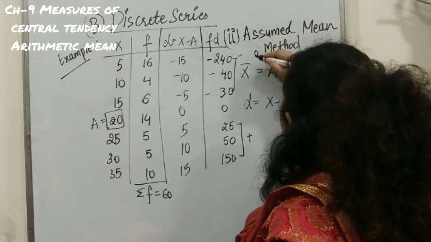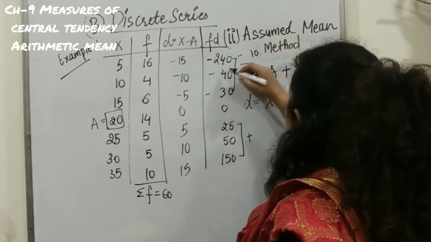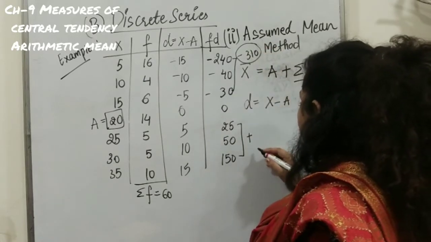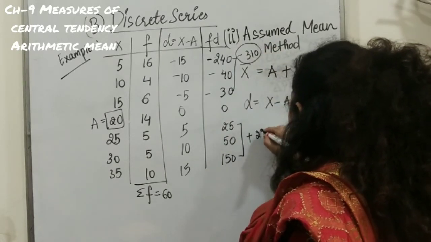So the negative part is minus 310 and the positive part is 225.